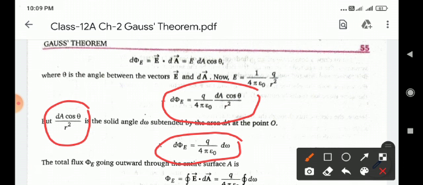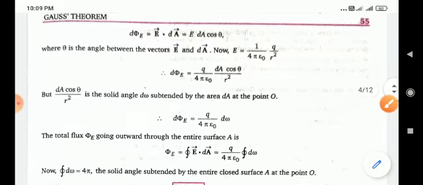Understand, beta? So dA cos theta upon R square is d omega. Therefore it is the formula of d phi E equals Q upon 4 pi epsilon naught d omega.